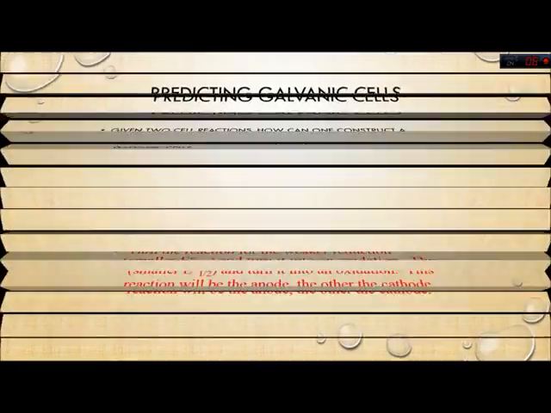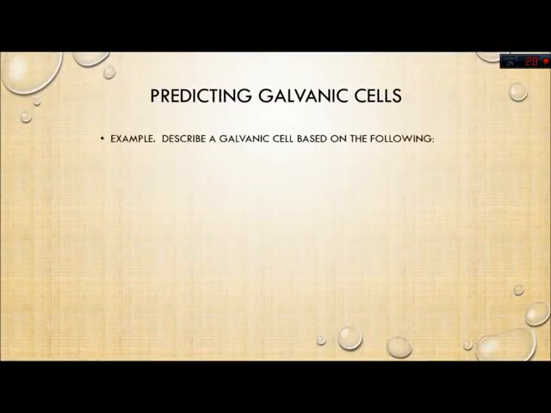I will give you one example regarding this. Here's an example describing a galvanic cell based on the following. Ag+ + e- gives Ag, where the EMF value or electrode potential is 0.8 volt.